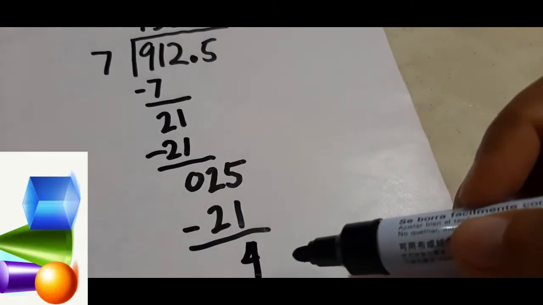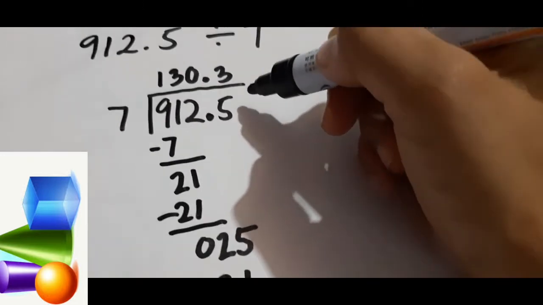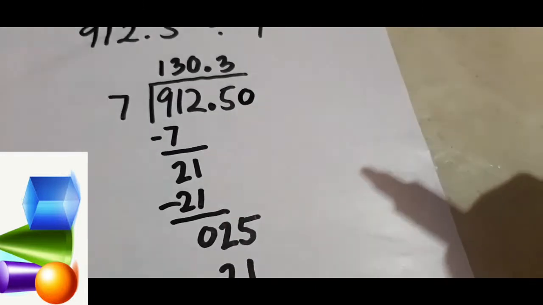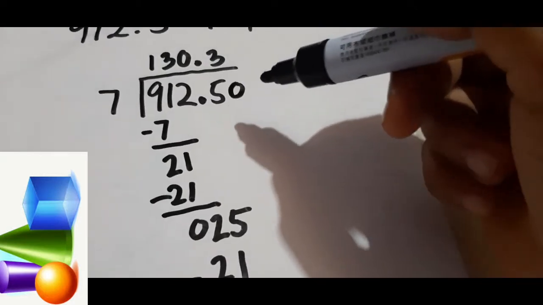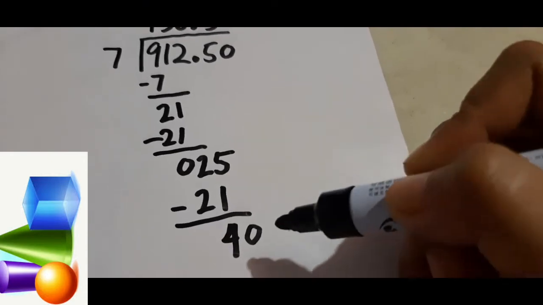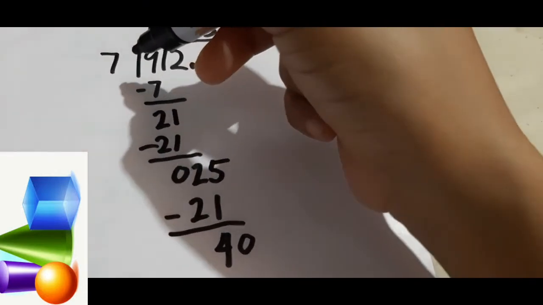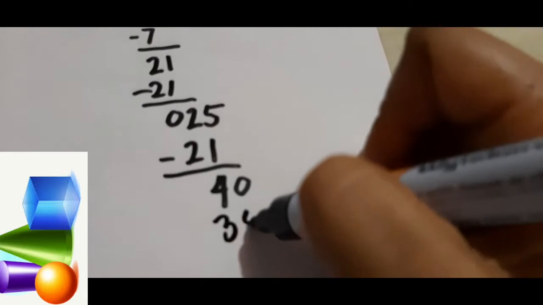So 4 divided by 7 cannot be, so we need to add 0 here. So bring down 0. 40 divided by 7 equals 5. 5 times 7 equals 35.